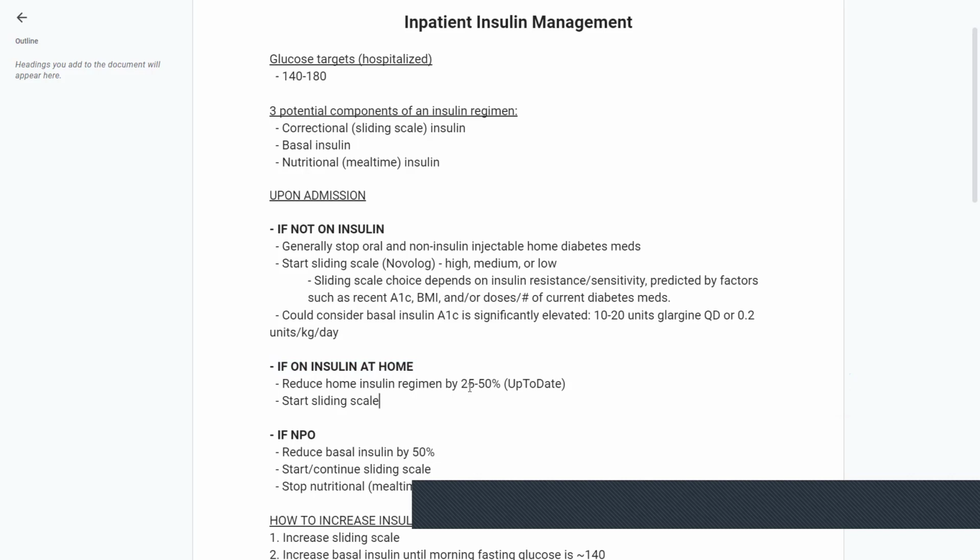You would also start them on a sliding scale. If they do mealtime doses of insulin, again, use your judgment of whether to continue those. I would probably start off by stopping those and seeing how much of the sliding scale they need, and then go from there, because you can always add those on later.